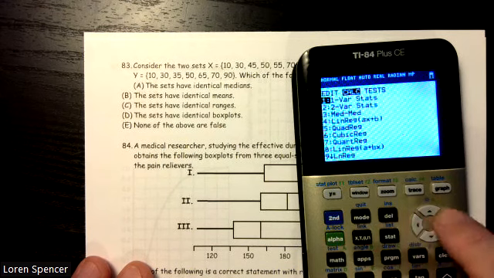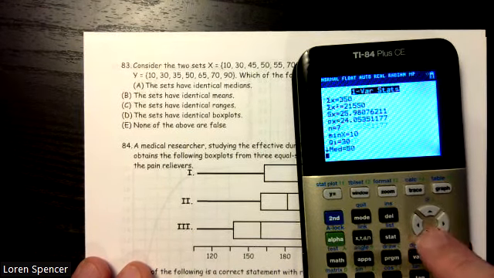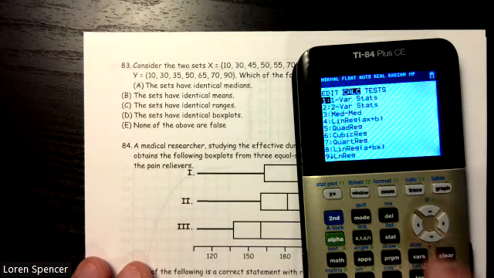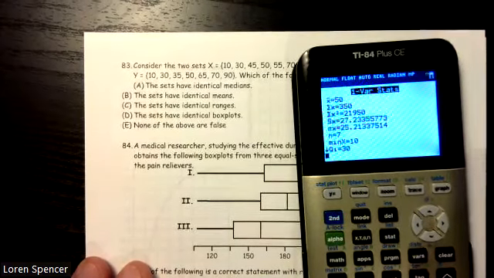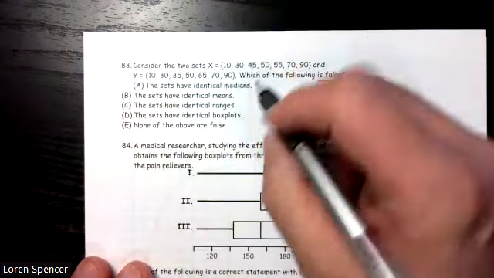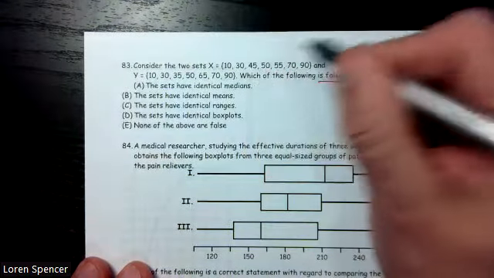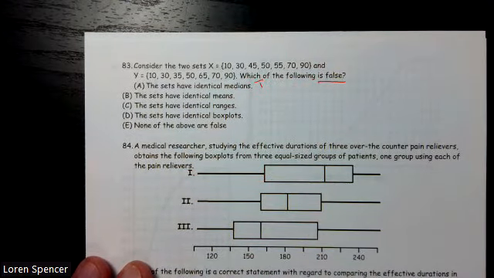I go stat, edit, and there they are. I go stat, calc, one-variable statistics for the X one, and I find that it has a median of 50. I do the same thing for the Y one, and it also has a median of 50. So they have identical medians. This is a true statement, and it's asking for false.